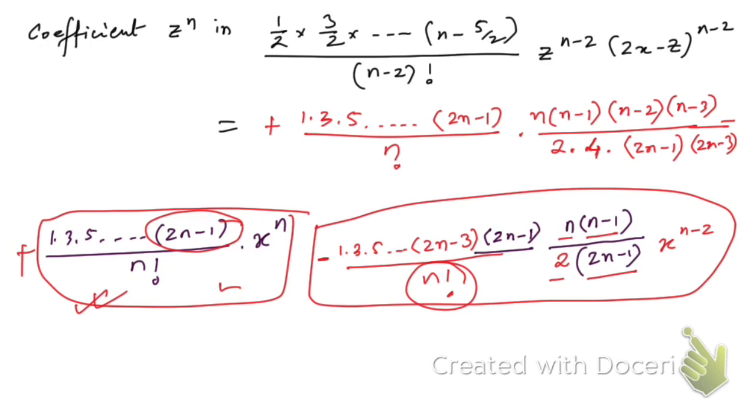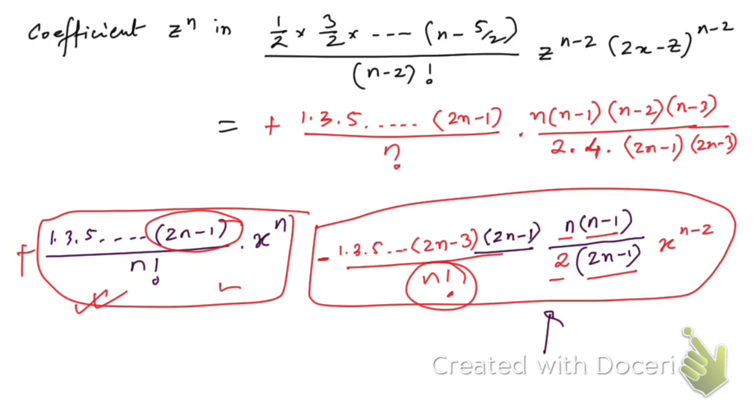So in order to obtain this coefficient we have multiplied these two terms, right? In the next term we should multiply two more terms, that is n minus 2 and n minus 3. That is what we have done here.